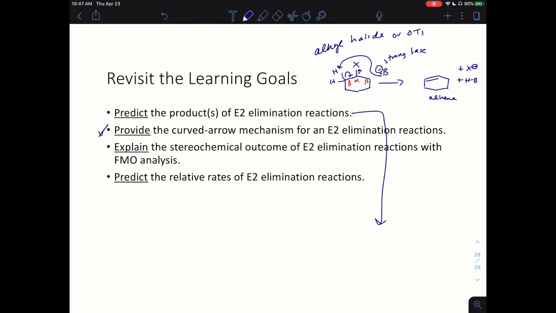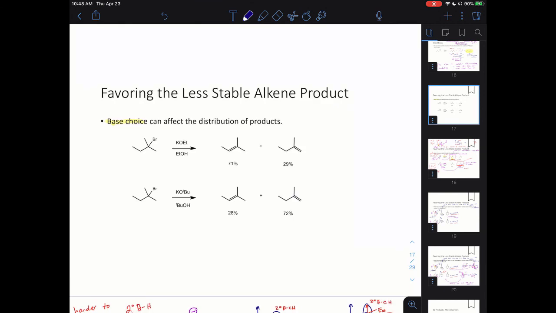There were a few tricks, right, with predicting the products. So generally, you want to think about forming the more stable product, so the more substituted alkene. And we saw two exceptions. When you have a bulky base, like in this example, the reaction with potassium t-butoxide did favor the less substituted alkene.